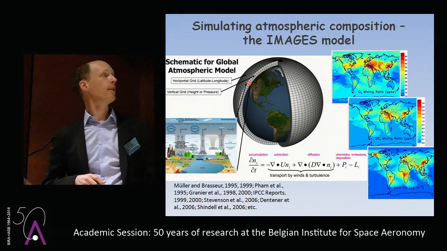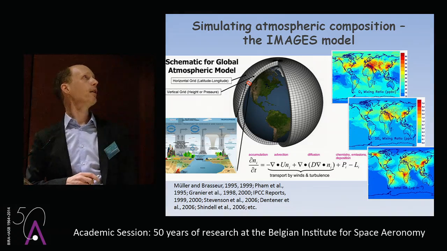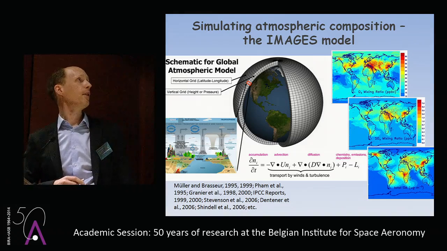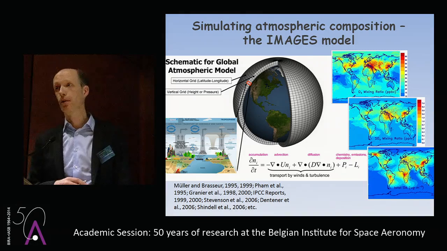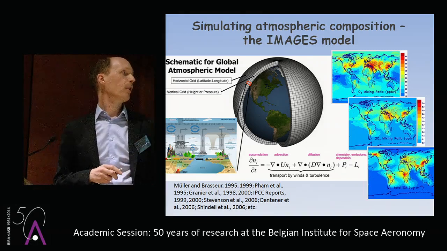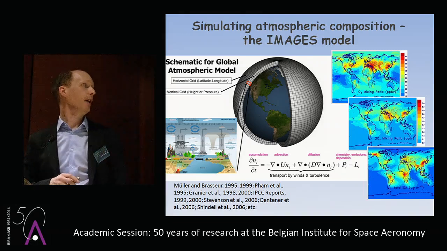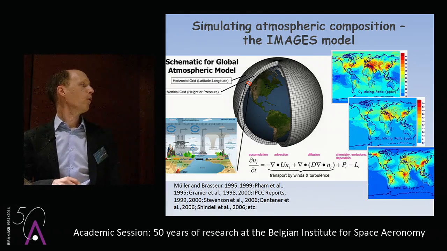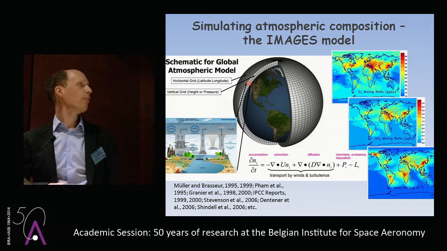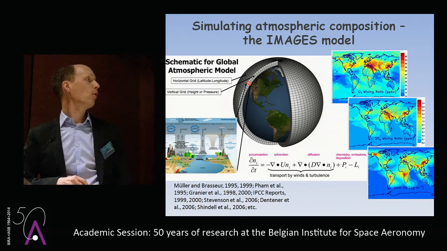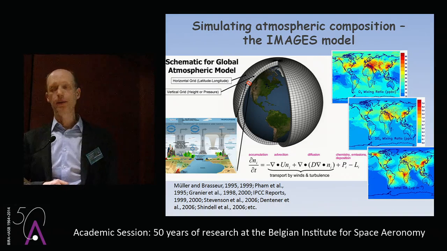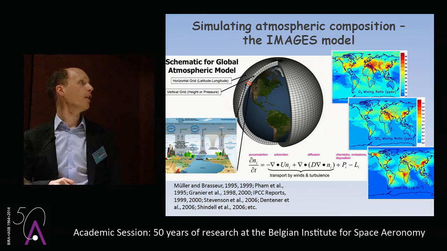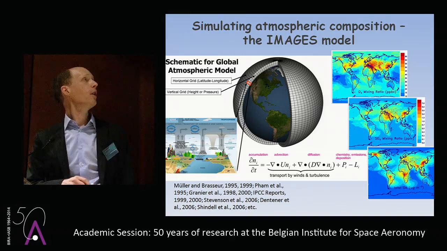What happens next in the atmosphere? We have built, since quite a long time ago, a model called the IMAGES model. That was a collaboration with NCAR in the beginning, and with Guy Brasseur. So we try to incorporate all the relevant processes in the model, like chemistry, transport, deposition.